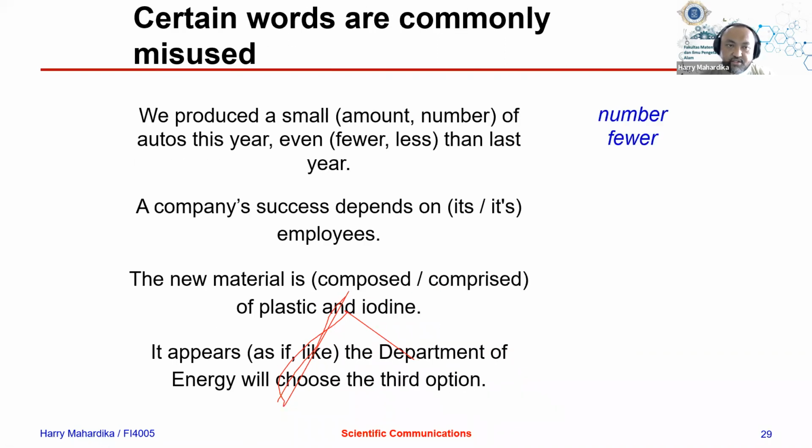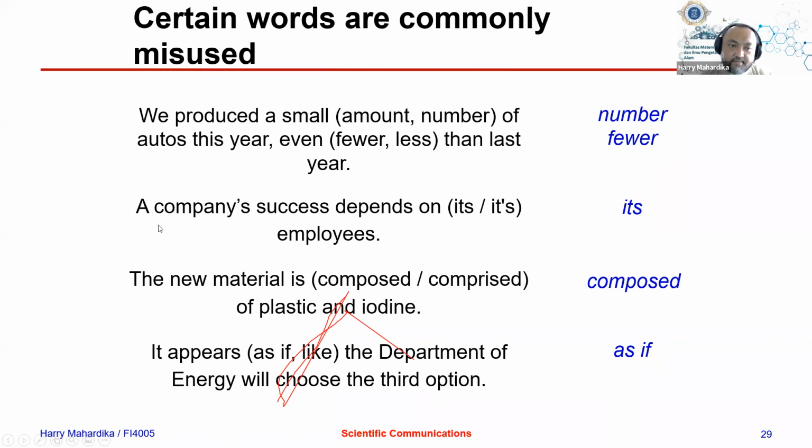Certain words are commonly misused, like this one: "We produce a small number of autos this year, even fewer less than last year." The correct sentence should be: "We produce a small number of autos this year, even fewer than last year."